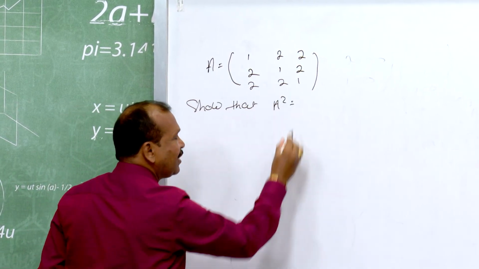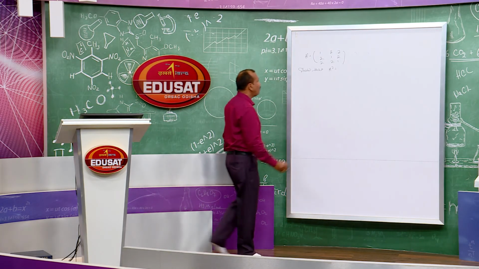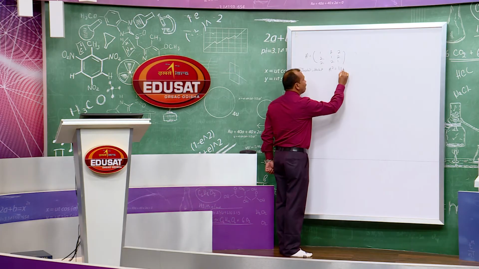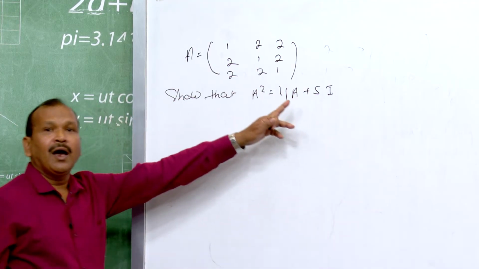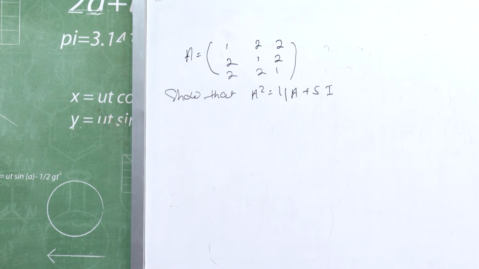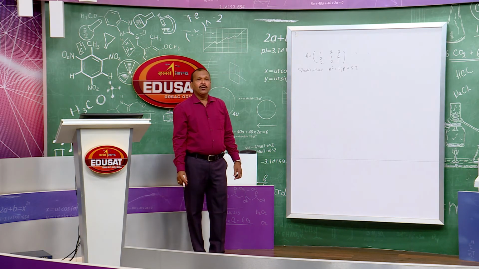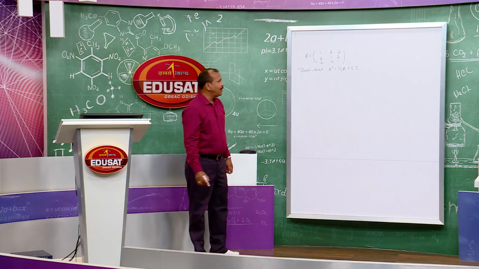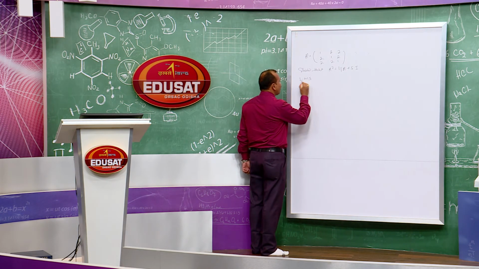So that A square is equal to 4A plus 5I. Here I stands for the unit matrix. Here A is a matrix having order 3 cross 3, so we can easily find A square. Now we have to work on the LHS.